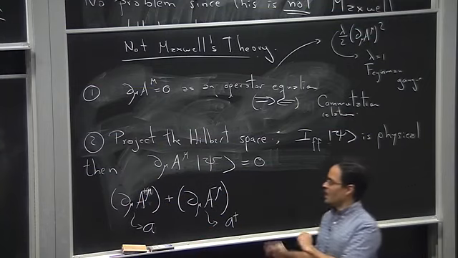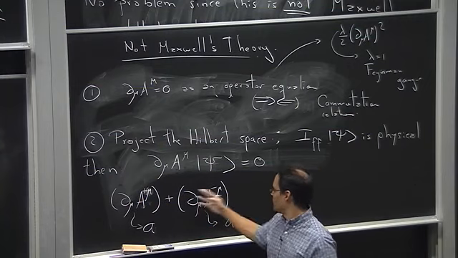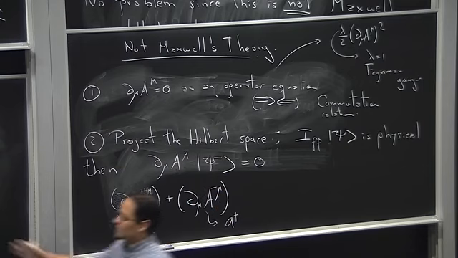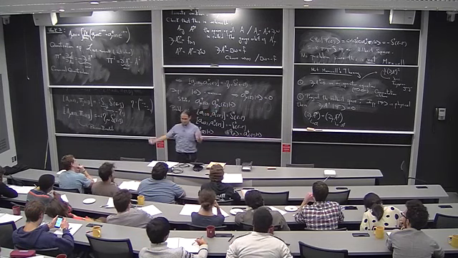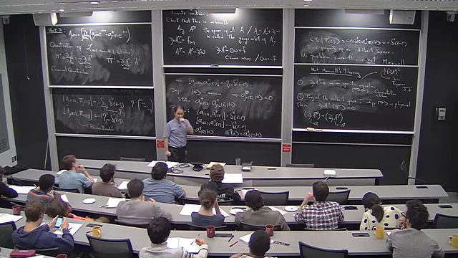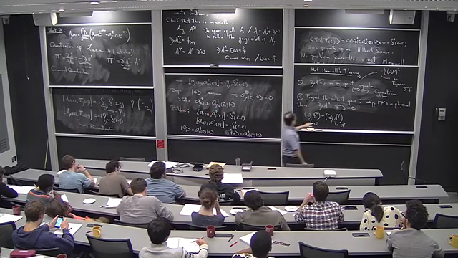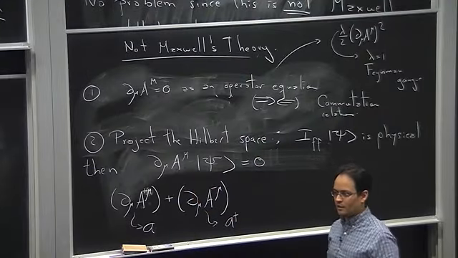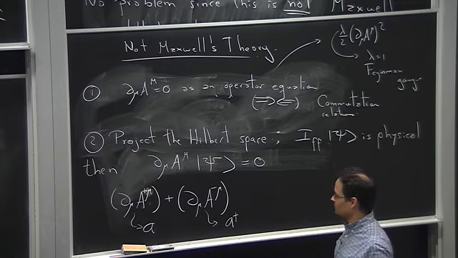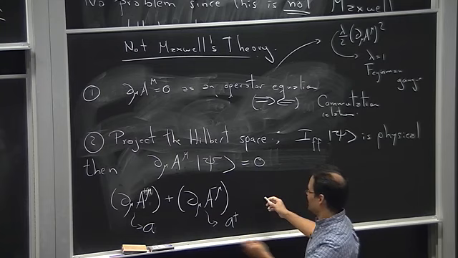Well, now we can start with our object and ask, well, is our vacuum a physical state? I mean, it would be nice if the vacuum was a physical state, right? Well, let's apply this condition to the vacuum, right? What do we find? Well, yes, that's right.